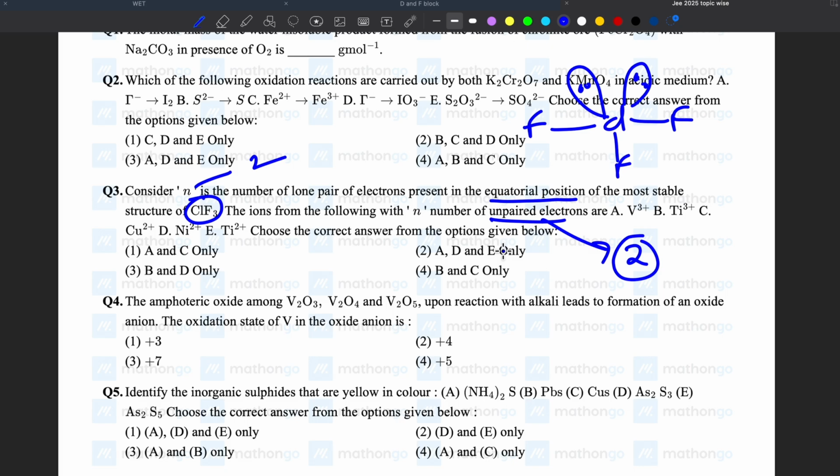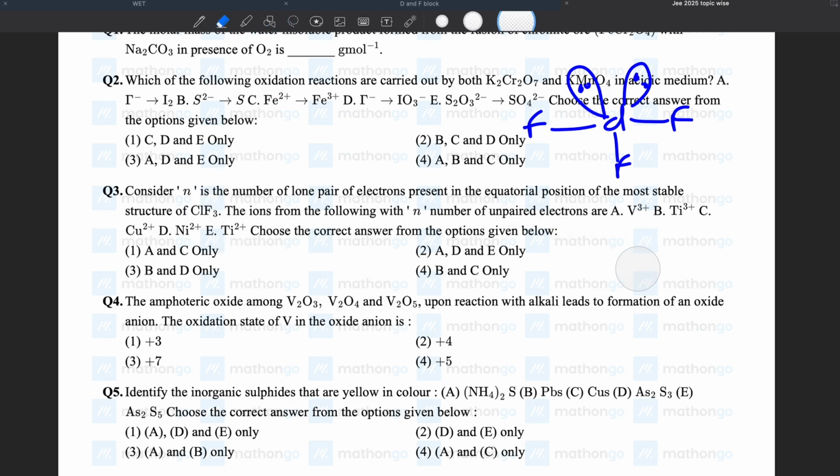So here all the elements are given from the 3d series, but you should be able to write the electronic configurations of them also. Right? So how can I write? Vanadium is 4s2 3d3. Titanium is 4s2 3d2.